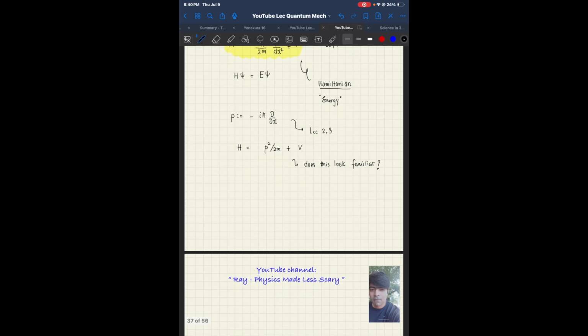This p squared by 2m is in classical mechanics half m v squared, right? Why? Because p is mv in classical mechanics, in the physics that you know.